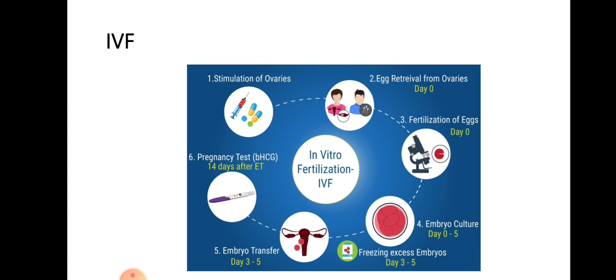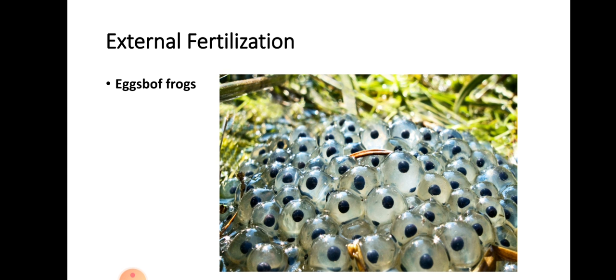The next one, they have given an activity. You have to visit some ponds or slow flowing streams. During the spring or rainy season, you can see clusters of frogs' eggs floating in water. You have to write down the color and the size of the eggs. This activity is given as an example of external fertilization.